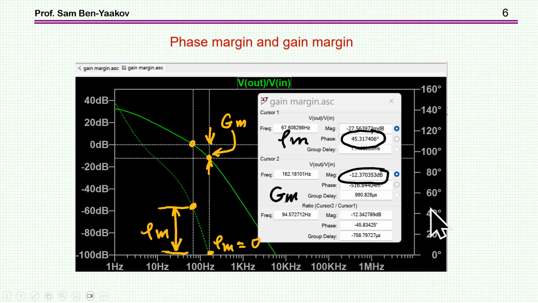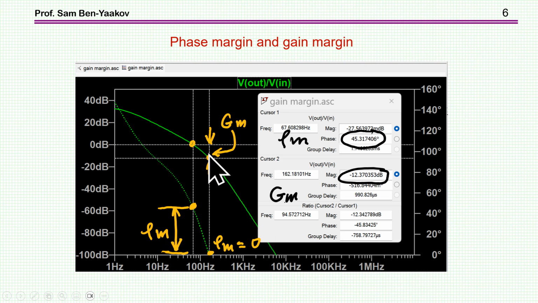I've here added or subtracted 180 degrees, so 0 is actually the 180 or 360 if you take into account the negative feedback, and the phase margin is therefore the difference here between 0 and any given point. So this is the phase margin.